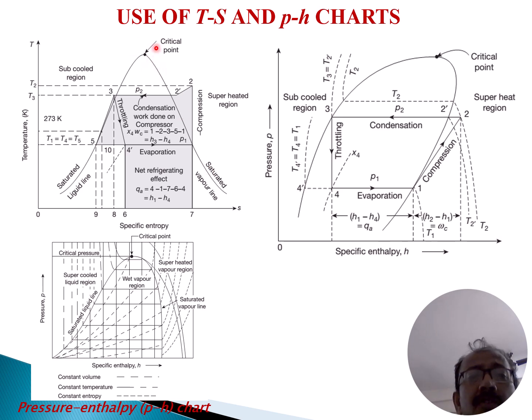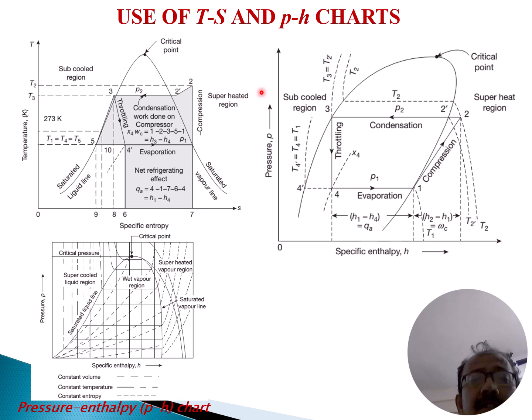The saturated liquid line and the saturated vapor line intersect at a point that is called the critical point. This zone is the superheated region, and in between the saturated liquid line and the saturated vapor line is the evaporation zone, the mixture of liquid and vapor. This region is the subcooled region, that is the liquid region.